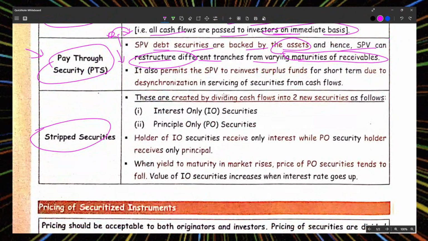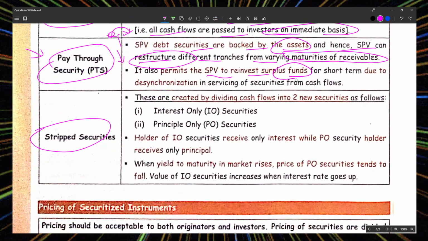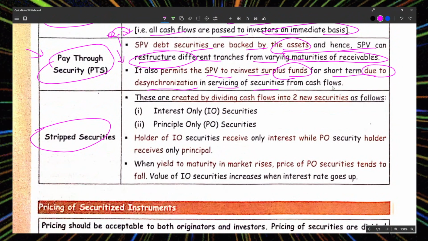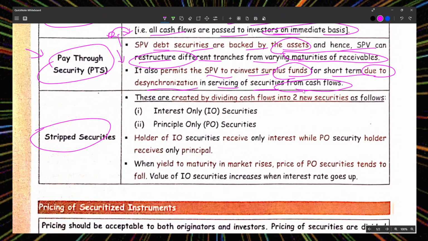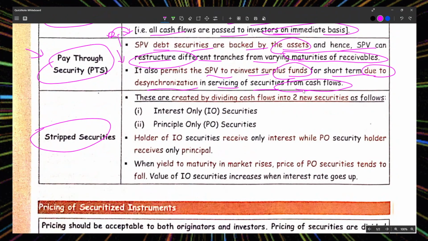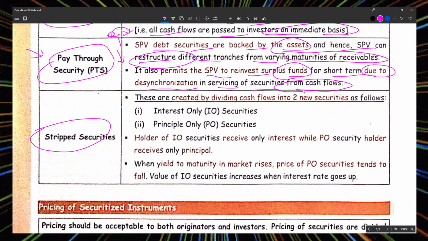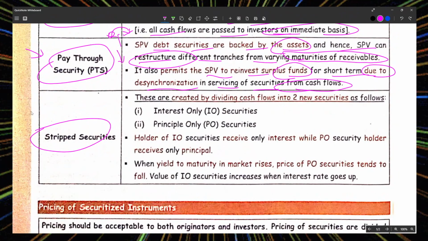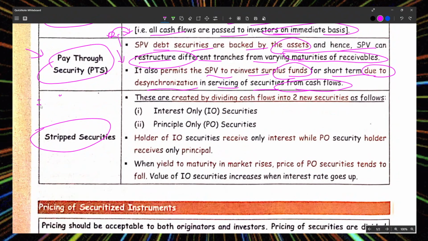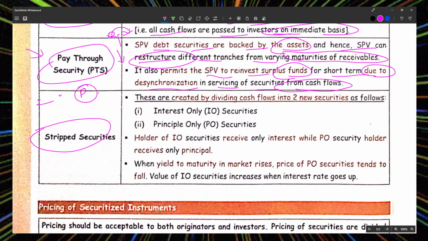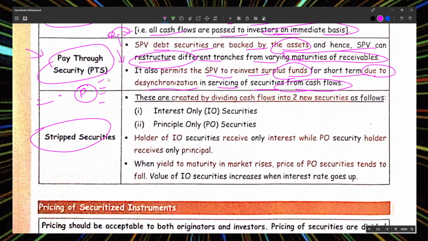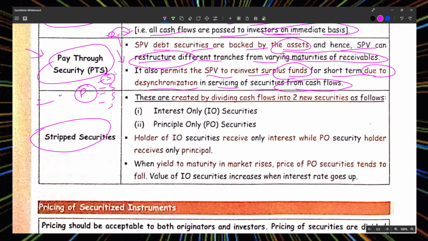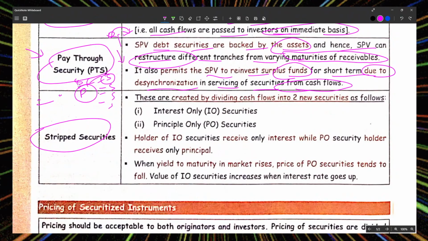It also permits the special purpose vehicle to reinvest surplus funds for the short term, due to desynchronization in servicing of securities from cash flow. In pay through securities, I have a security which has a gain from it, but I don't want to give that gain to a one-to-one linked investor. It's not one-to-one. The SPV will be one thing, and there will be more tranches, and the tranches have more securities, and these securities are linked as assets to this SPV.